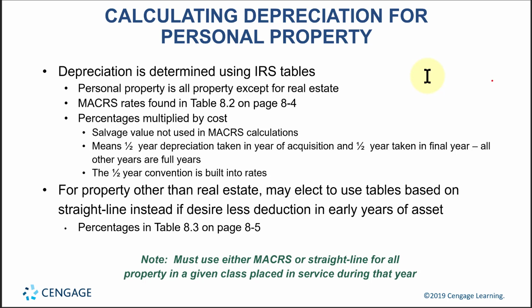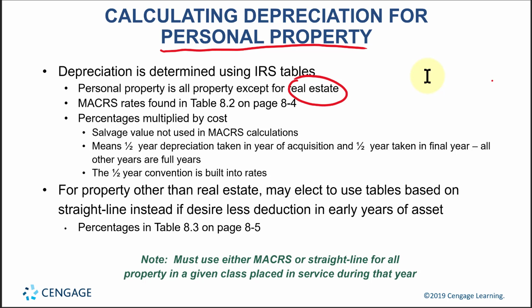Again, we're going to see the real estate depreciated in part 2 of our video. So we'll focus on just personal, tangible, meaning you can physically touch it, property. Intangible, we'll cover that in part 2.